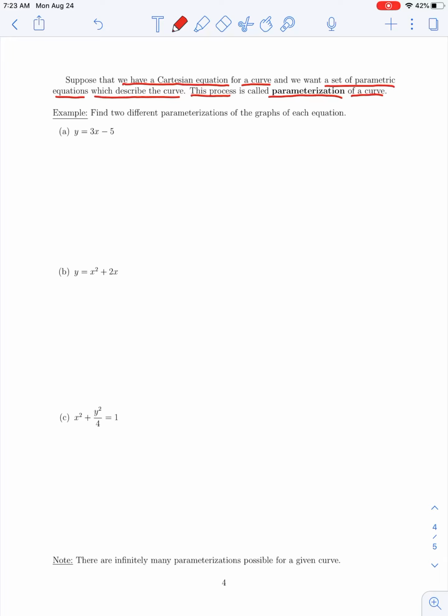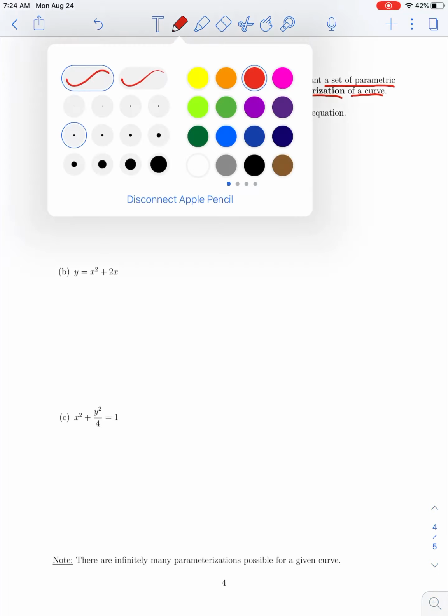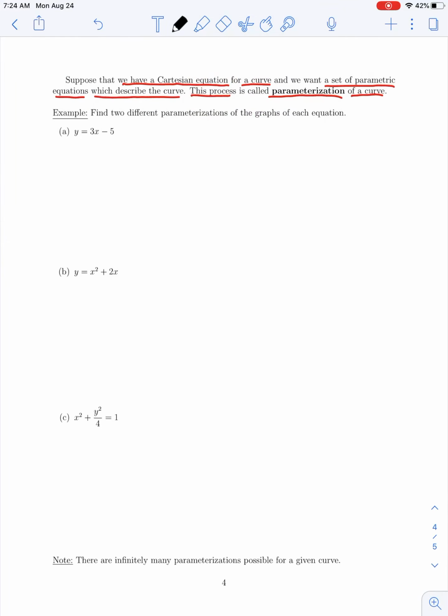In order to do that, well, we need to introduce parametric equations for x and y. Now, in the event that we have a Cartesian equation where y is given by a function of x explicitly, that is, if we can solve for y, one easy parameterization is to let x equal t.